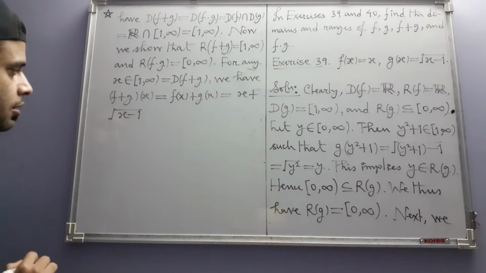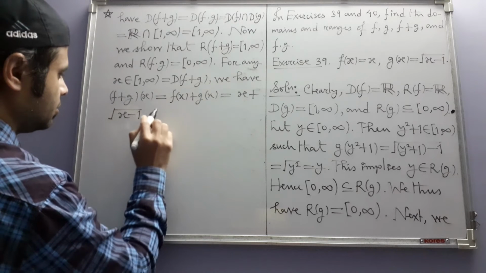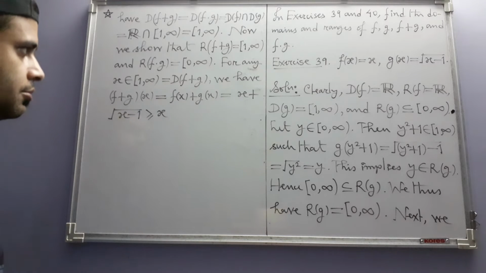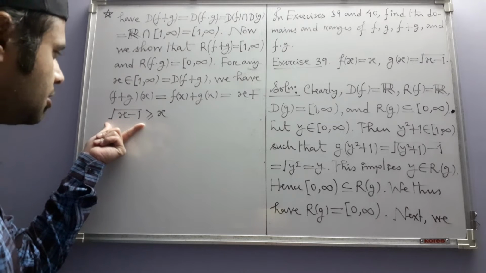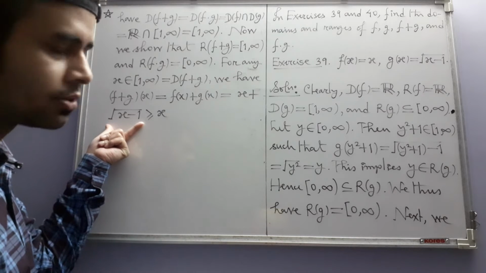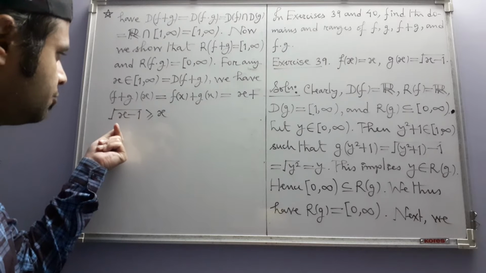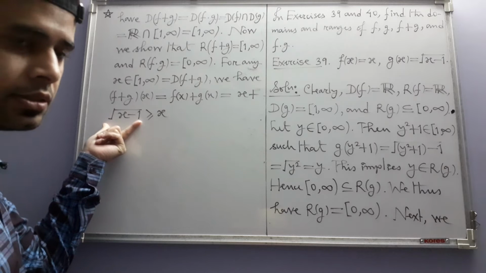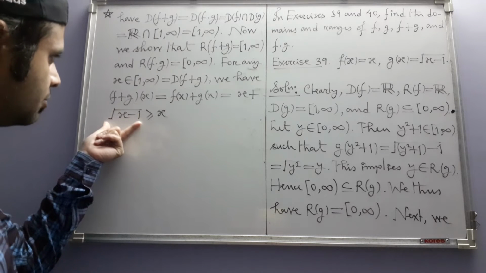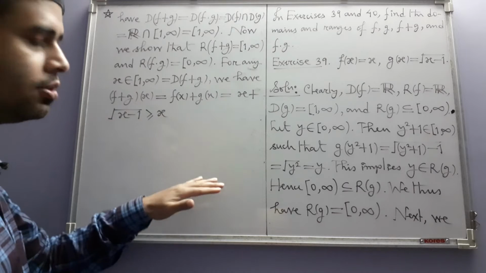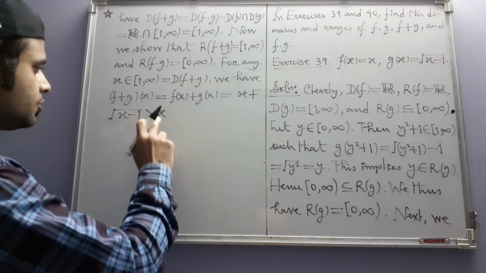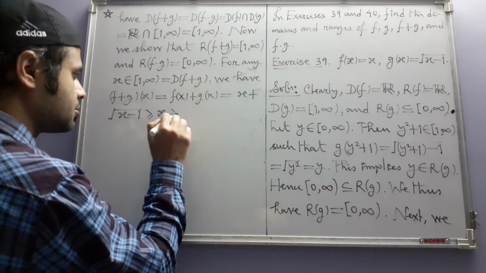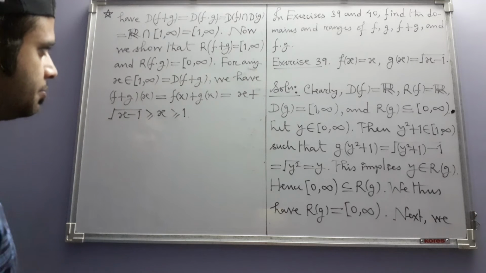x minus 1. Now note that this thing is greater than or equal to x, because square root of x minus 1 is greater than or equal to 0. So if we remove it, then either it will remain the same, which will happen when this is 0, or when this is positive, its removal will reduce the value. So we will have x, and because we have chosen x from here, x is greater than or equal to 1.